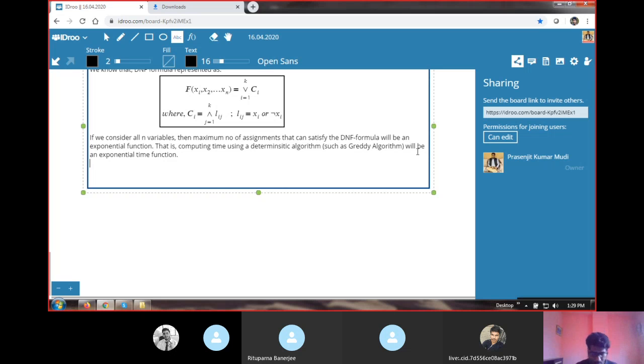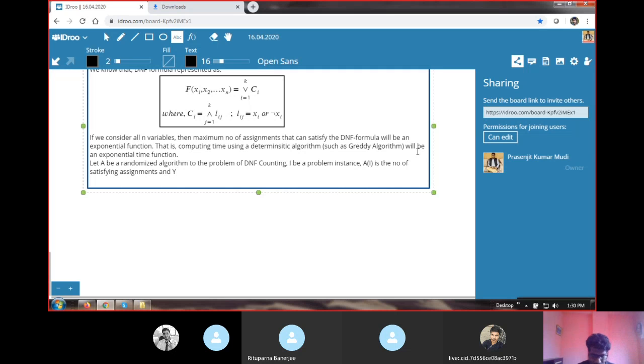So to reduce this, we can take advantage of a randomized algorithm. The randomized algorithm for the problem of DNF counting: the problem instance is the number of satisfying assignments.